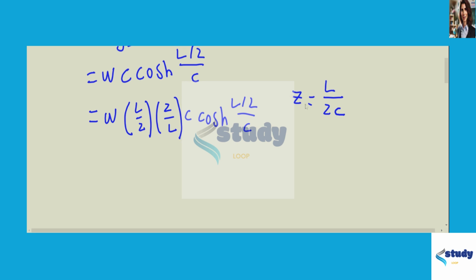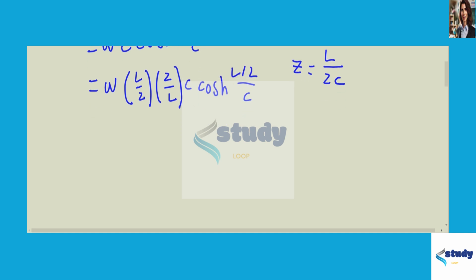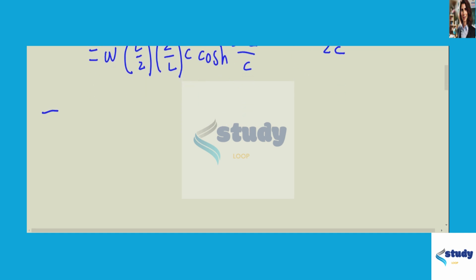So we let z equal this expression here. So we can then rewrite Tm as W times L divided by 2z, times the hyperbolic cosine of z.